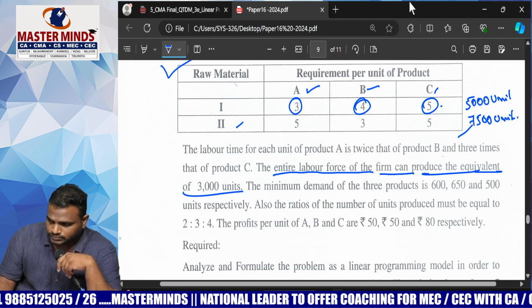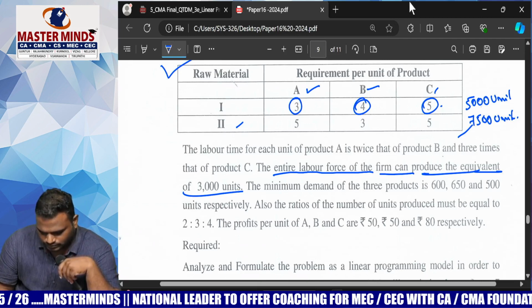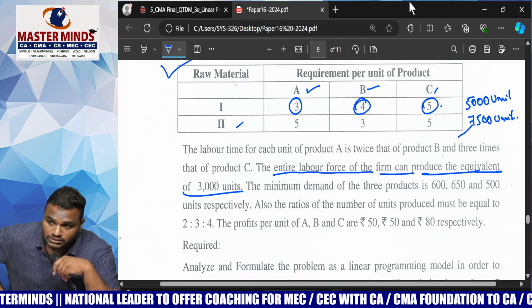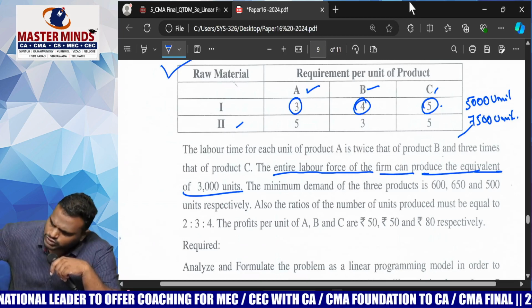Next. The minimum demand of the three products is 600, 650 and 500 units respectively. Now what is the demand of X, product A? 600. More than that possible?